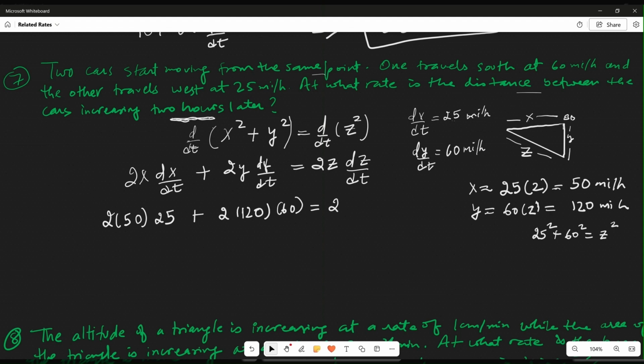So we have 25 times 25, 625, plus 3600, square root, is equal to z.